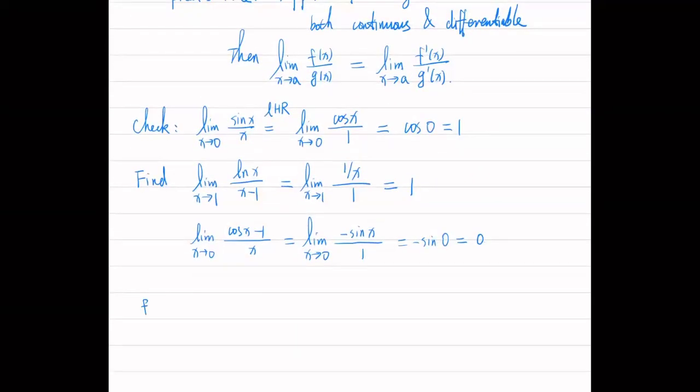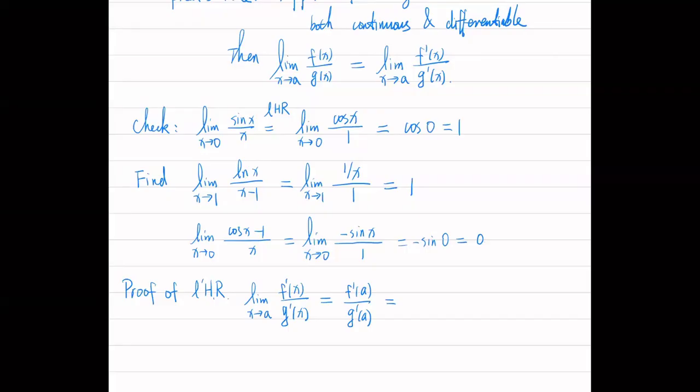Okay, under this assumption, what is this? Proof of L'Hopital's rule. We will assume the limit exists.